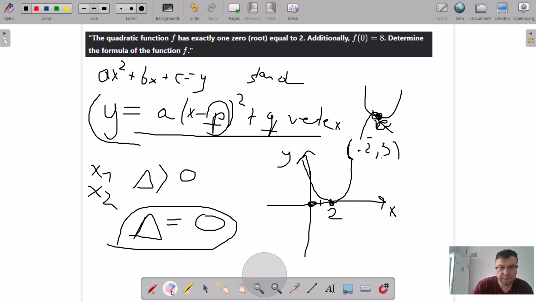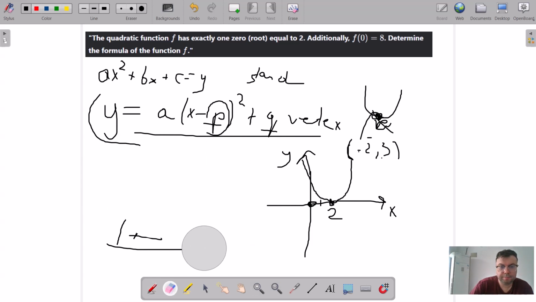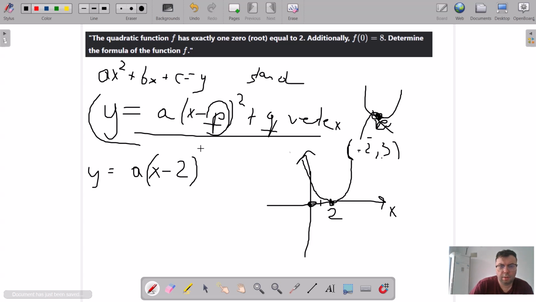Okay, let me clean it up. So we can rewrite this like this: y equals a(x minus 2) squared plus q.